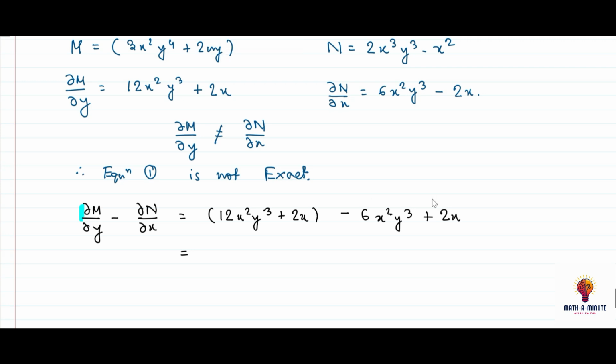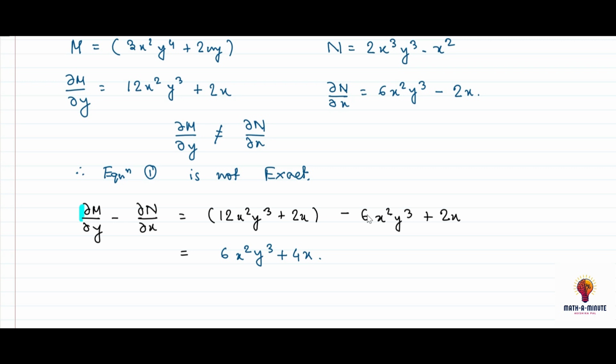If we simplify this, it will be 6x squared y cubed plus 4x. Now think in this way: if I divide this difference by N, is it a function of x only? Or if I divide this difference by M, is it a function of y only?